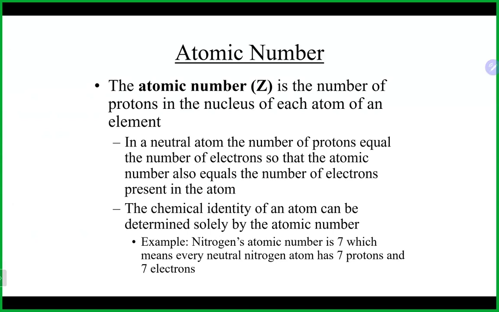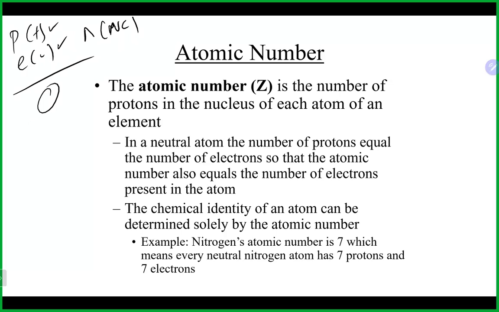And since we know protons are positively charged, if we are dealing with some type of neutral atom, the only thing that is negative in an atom is electrons, right? So we got protons that are positive, we got electrons that are negative, and we have neutrons that have no charge. So if we know the atomic number, which is the number of protons, and the thing has no charge, that would mean that we would have an equal number of electrons.